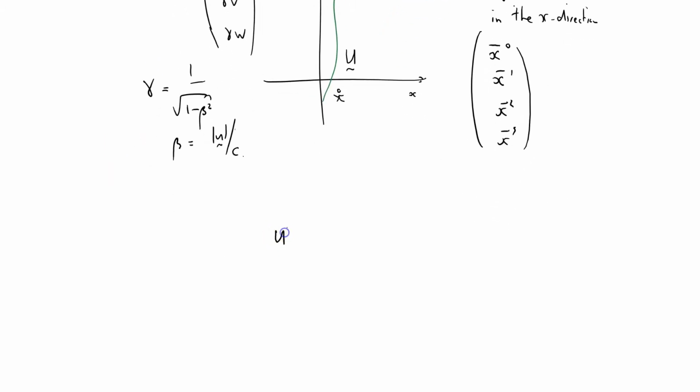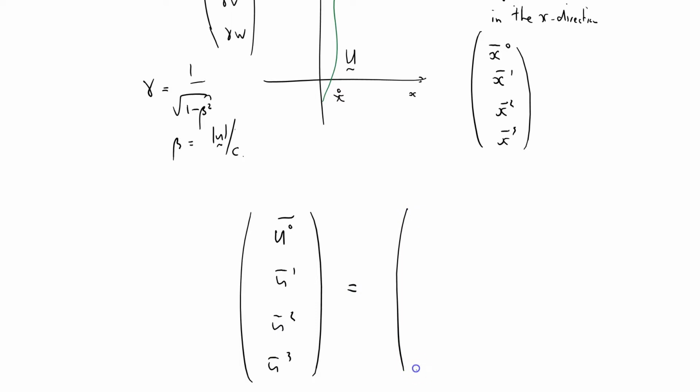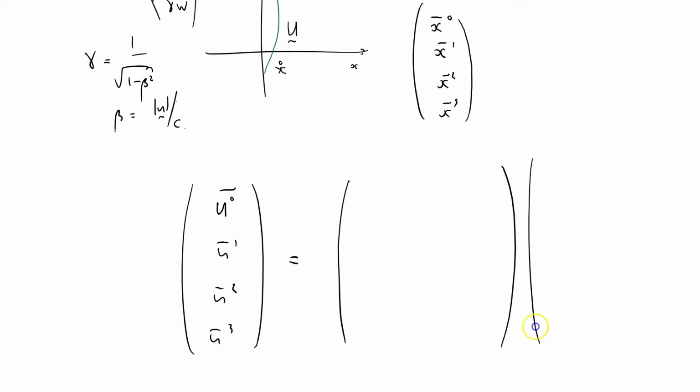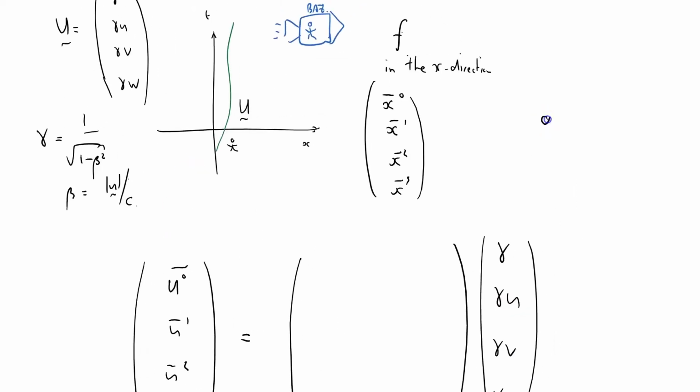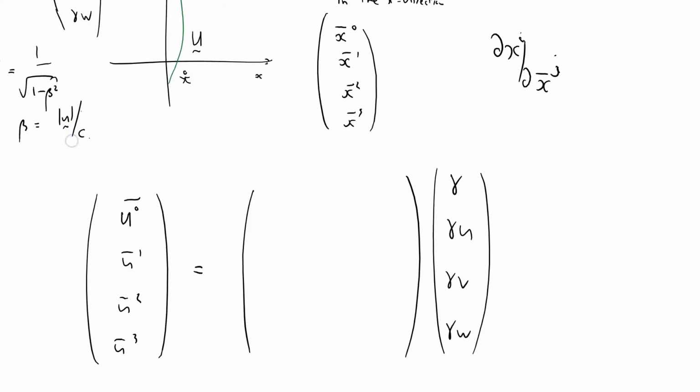I'm just going to call it u bar 0, u bar 1, u bar 2, u bar 3, and that equals, by construction, a linear function of the 4 velocity as seen in my reference frame, multiplied by a matrix which corresponds to the partial derivatives, which relate my coordinate system to his coordinate system. And of course that's just a Lorentz transformation.